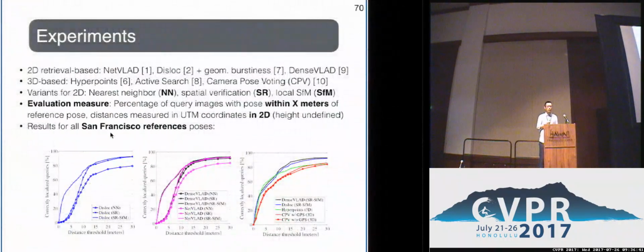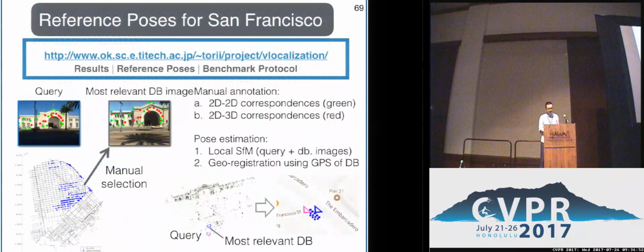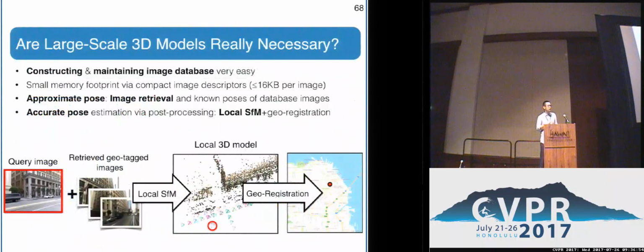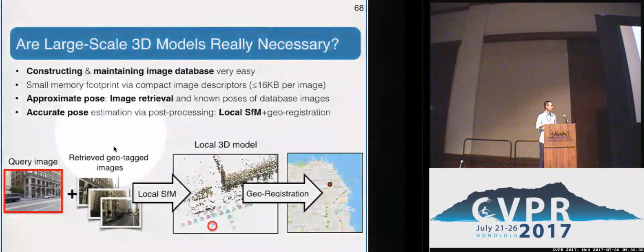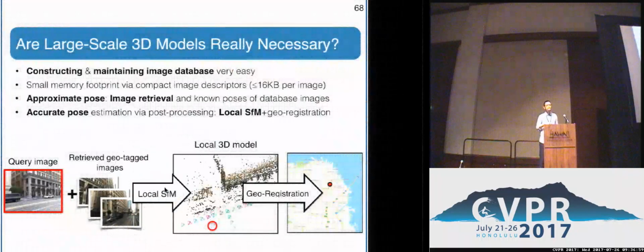This is quite obvious because the accuracy of the 2D method depends on the sampling rate of the database. If you want to make it more accurate, this is what we recommend: you can retrieve some images from the database and do local SFM online. Then you can have better, more accurate poses in 3D space, and register them back to the map.